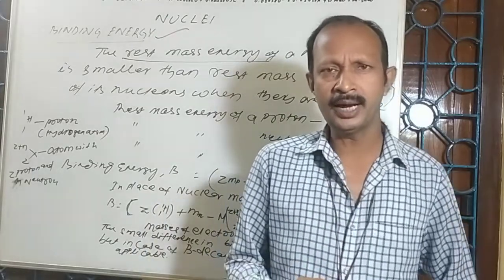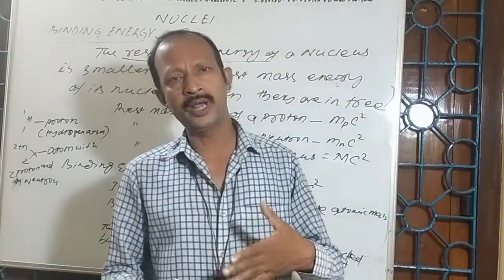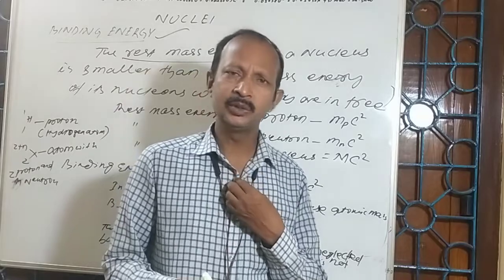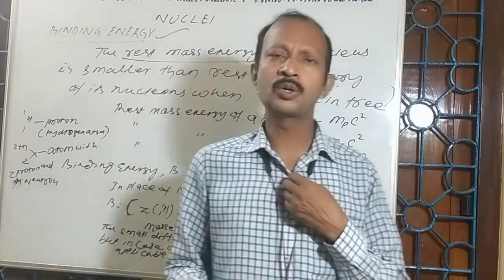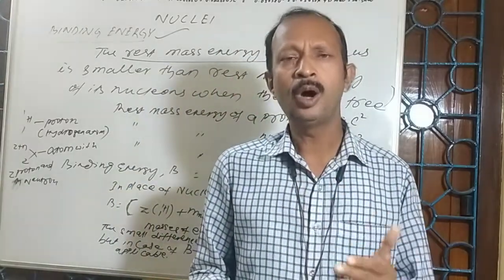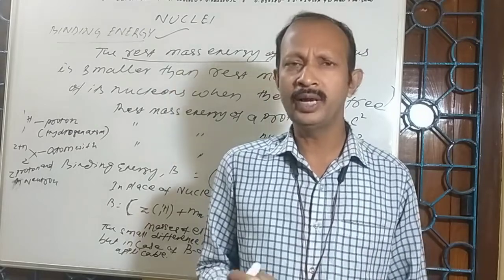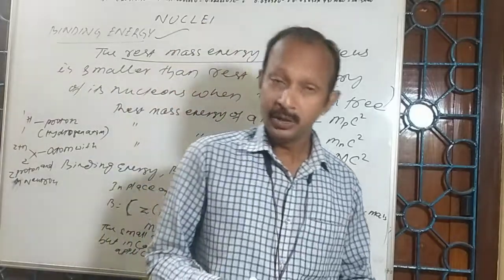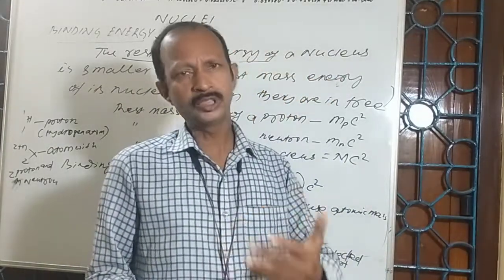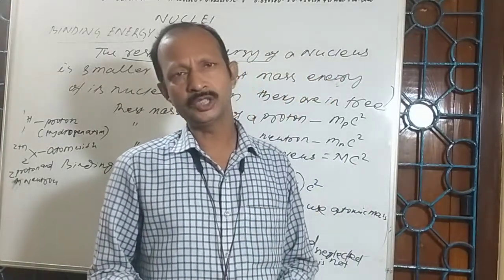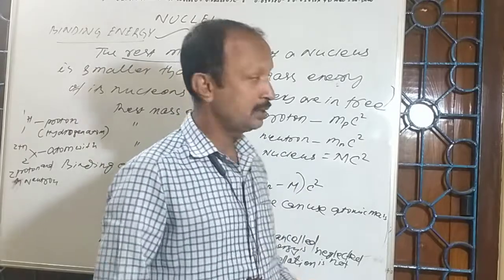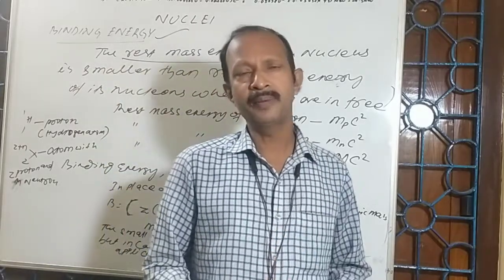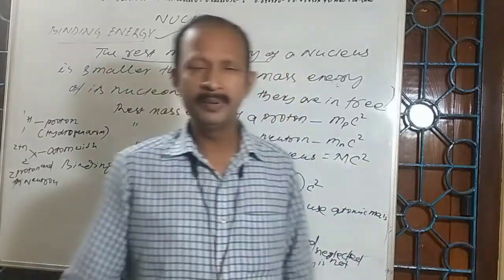Another way I can say that the amount of energy required to break a nucleus into its constituents is called the binding energy. Otherwise, we can say that when the nucleons come together to form a nucleus, they lose some energy, which is the binding energy. So, before closing, I would like to give a mathematical example. It will be more clear.